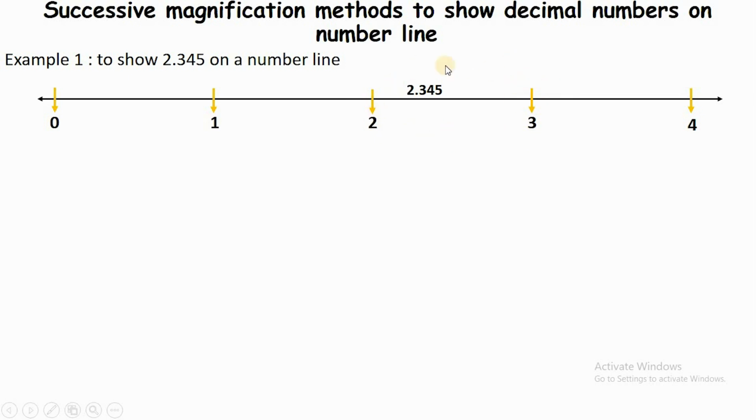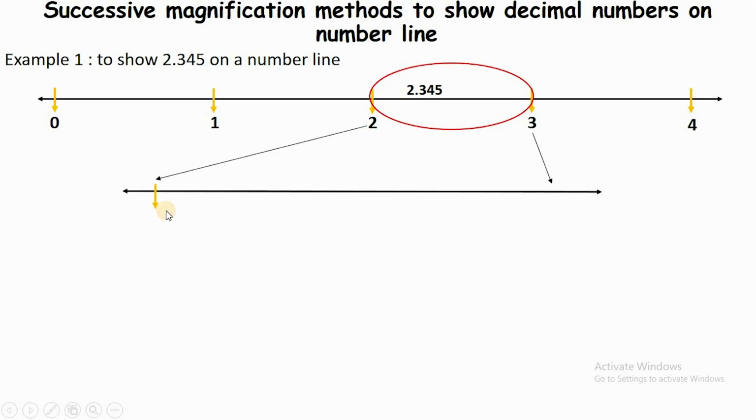So what we are going to do is magnify, that is zoom in on this portion of the number line, that is 2 and 3. We'll zoom in on this, and at the 2 ends we'll take 2 and 3. Now this is the zoomed-in portion of 2 and 3.